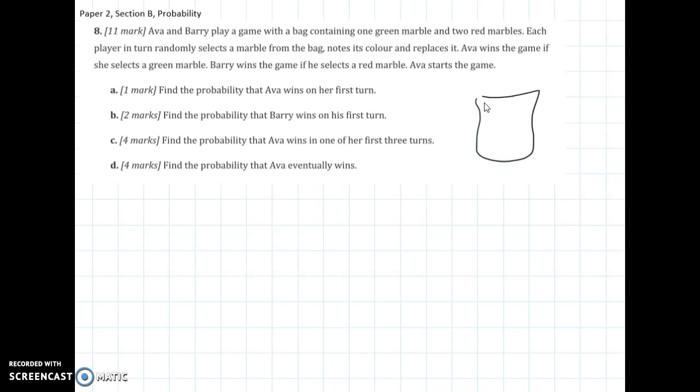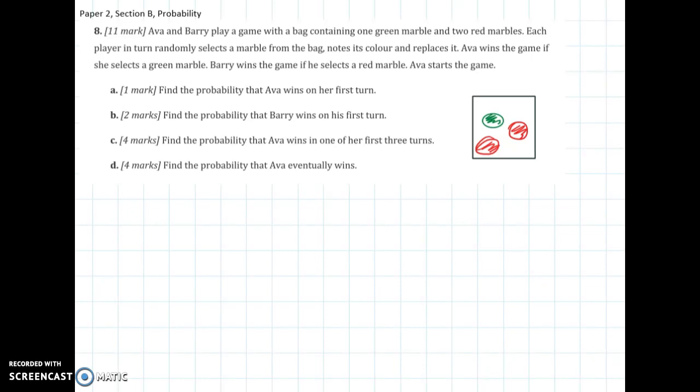So there is a bag where we have balls of different colors. It says over here that there is one that is green, and then there are two that are red. There are two people playing this game, Eva and Barry, and the way it works is that they randomly select a marble from the bag, and then they look at the color, and then they replace it back.